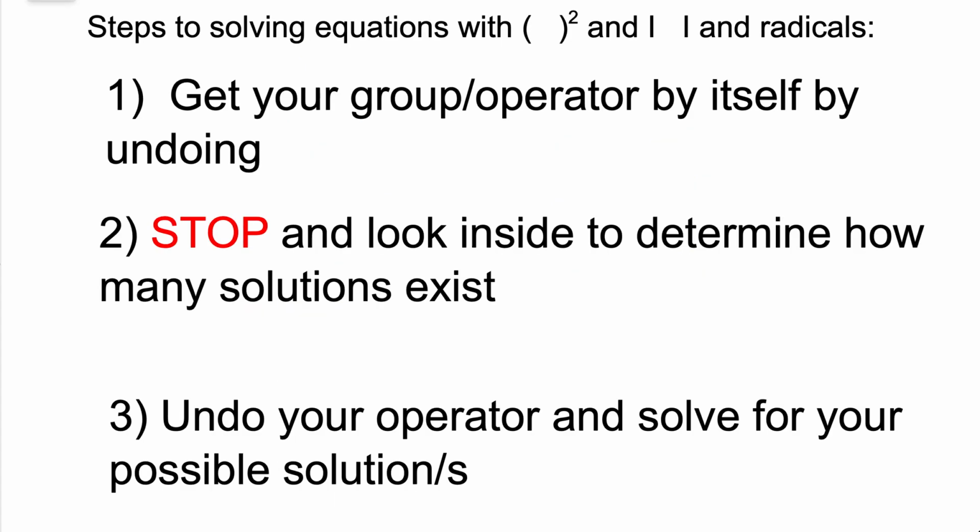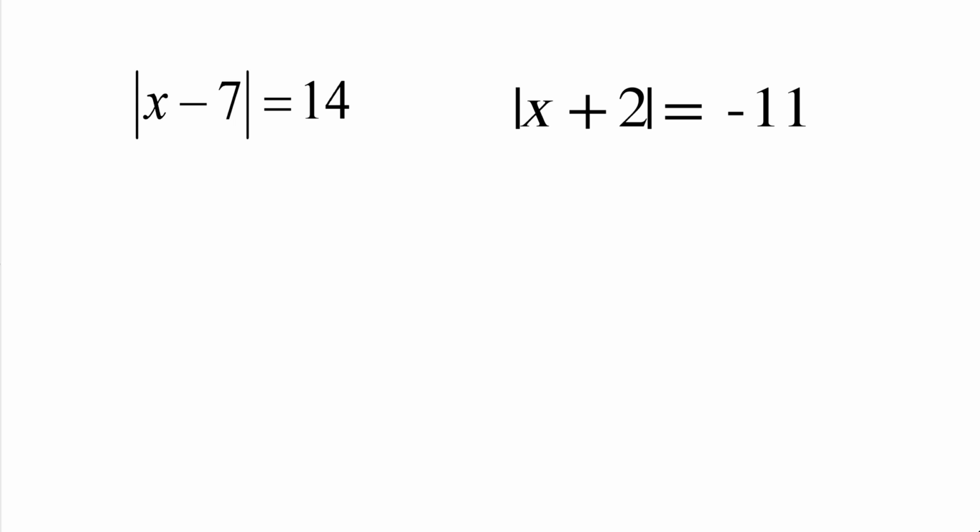So again, this works exactly the same as with squared terms. Get it by itself, stop, you can look inside, and you can undo operations. So the absolute value of x minus 7 equals 14.